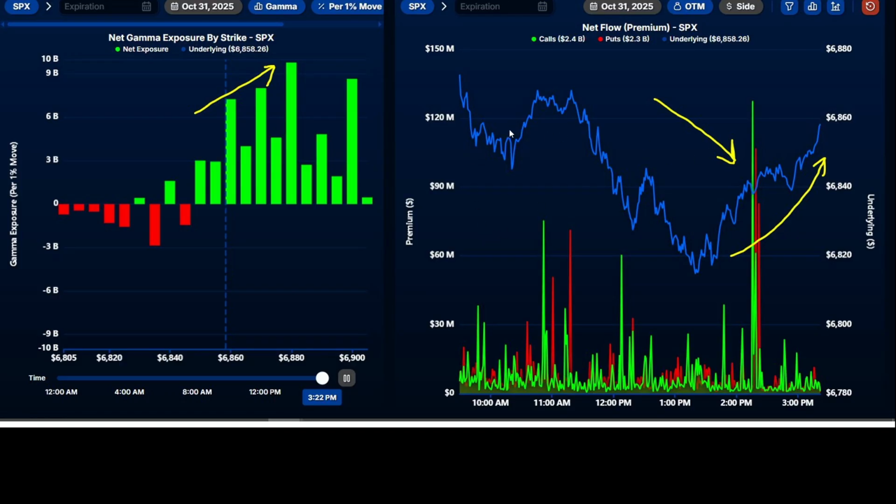But in this case, we saw 120 million. As you can see here, it's maybe two times the normal cutoff that I use every day. When I see this, we expect that the price does something here.